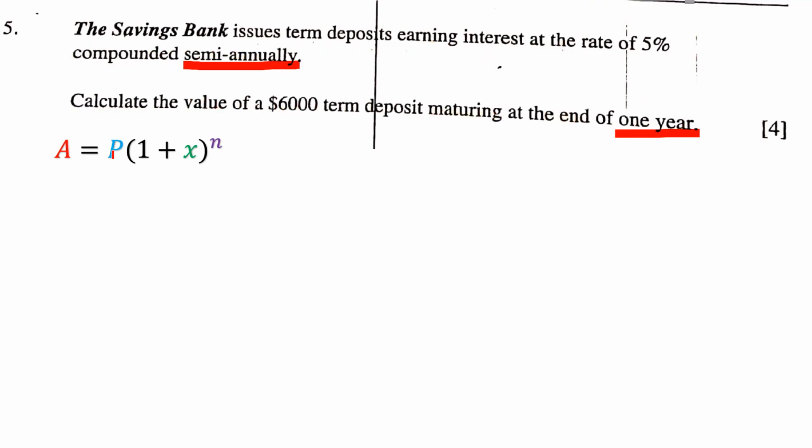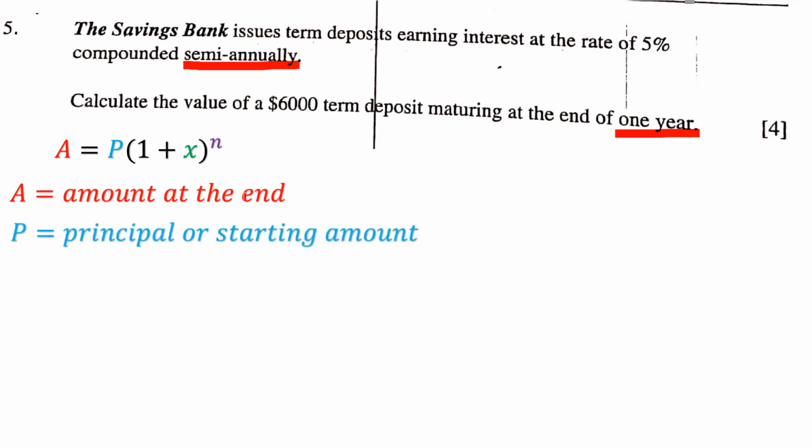So we have to use this formula. A is equal to P, open bracket, 1 plus x, close bracket, all raised to the power of n. What is A? A is the amount that you're going to get at the end. What is P? P is the principal or the starting amount. And in this case, P is going to be 6,000. That's the principal.